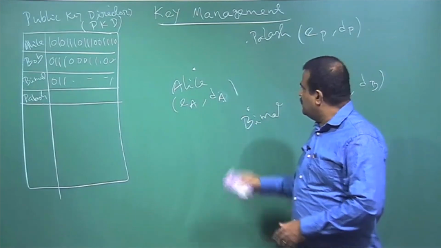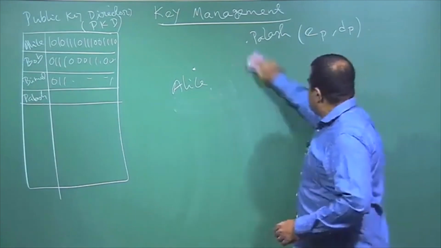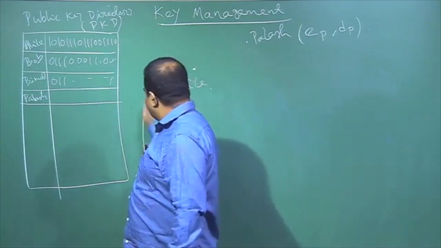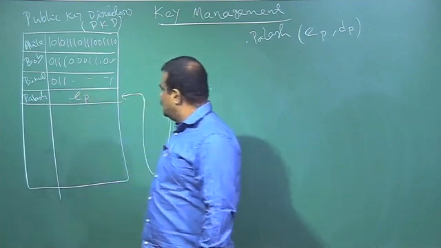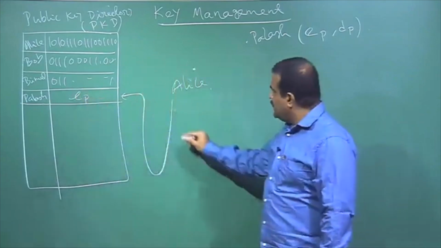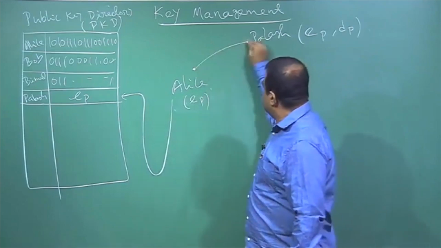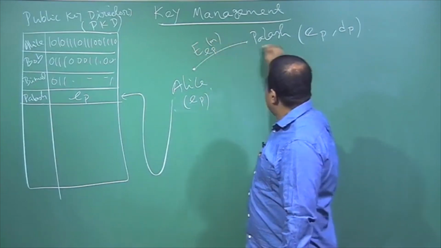So, suppose now Alice wants to send a message to Palas. So, what will Alice do? Alice will access this directory, get Palas's public key, encrypt the message using Palas's public key and send it to Palas.